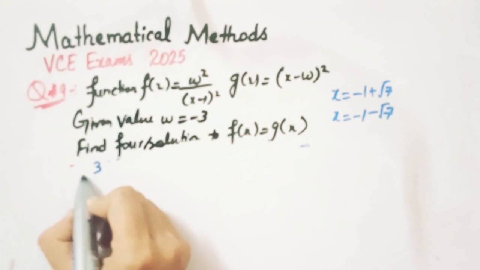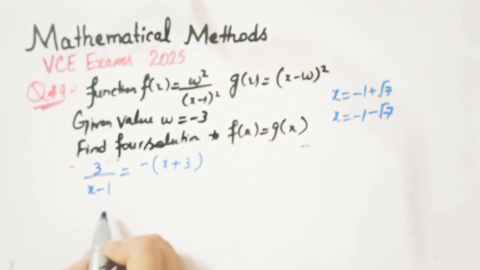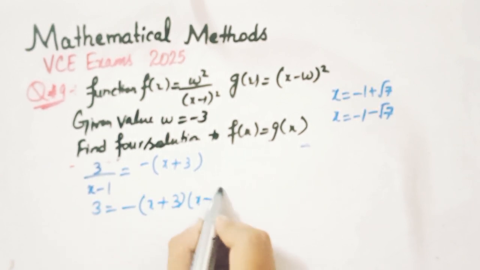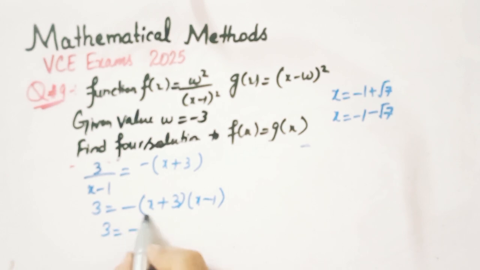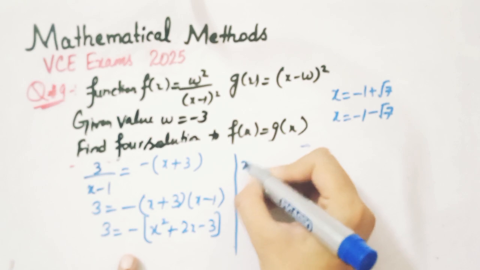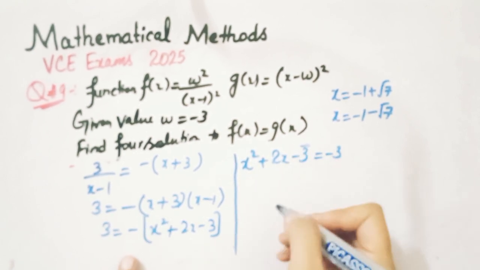So for the negative sign, 3 by (x minus 1) equals minus of (x plus 3). Then we have 3 equals minus (x plus 3) into (x minus 1). Multiply this: this is x squared plus 3x minus x, which is plus 2x, minus 3. So we have x squared plus 2x minus 3 equals minus 3.